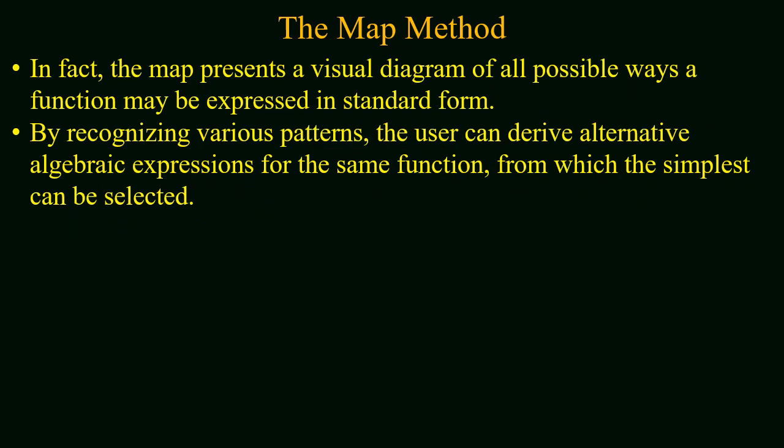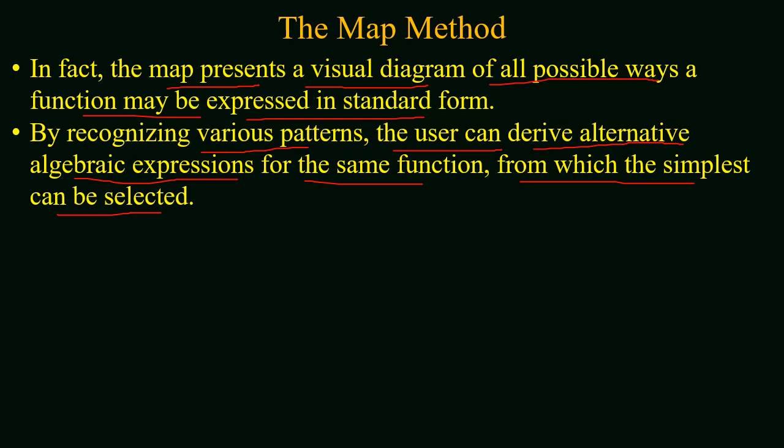In fact, the map represents the visual diagram of all the possible ways that a function may be expressed in the standard form. Now by selecting various patterns of minterms on the map, the user can derive an alternative algebraic expression for the same function. Then among those patterns, a user can select the simplest one.